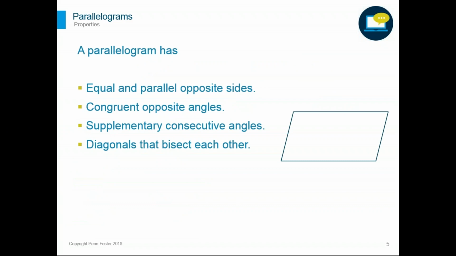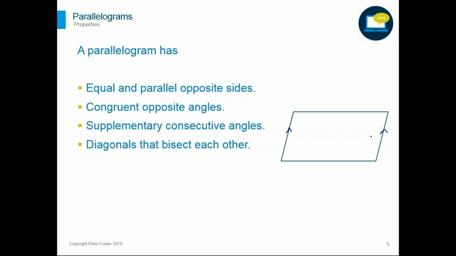So a parallelogram is a quadrilateral because it has 4 straight sides. And the parallelogram is different than a trapezoid, for example, because each pair of opposite sides are equal in length and parallel. So if I want to label my figure, I would signify that this side and this side are parallel.